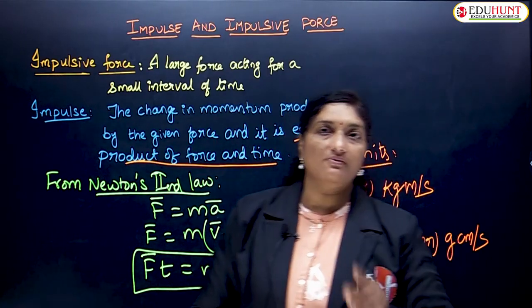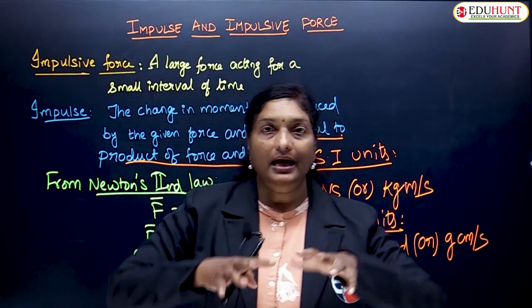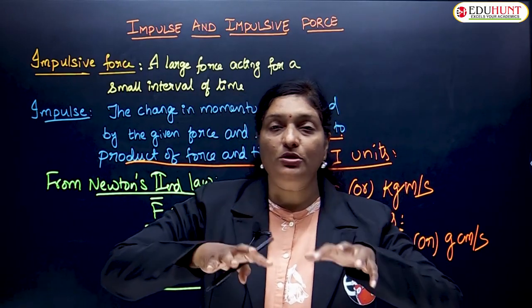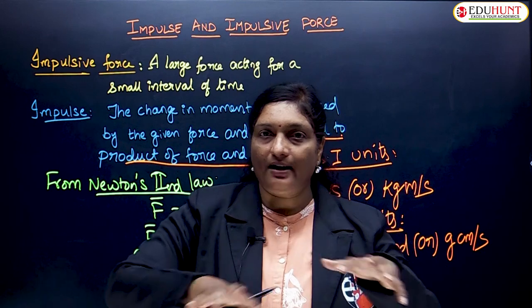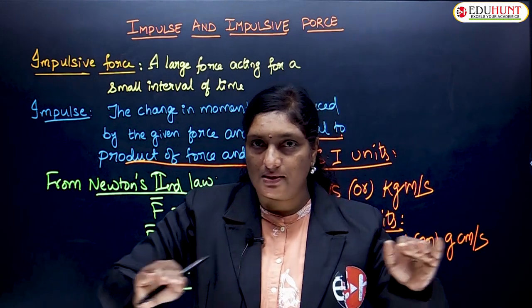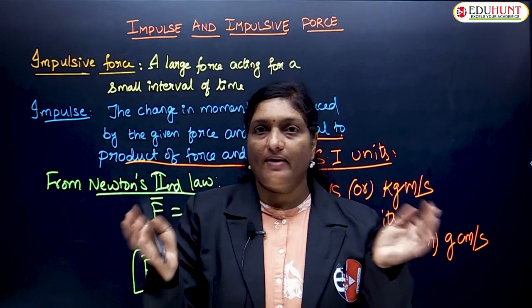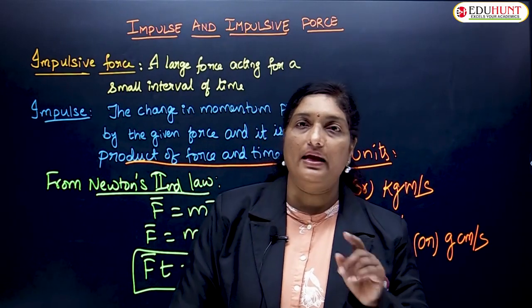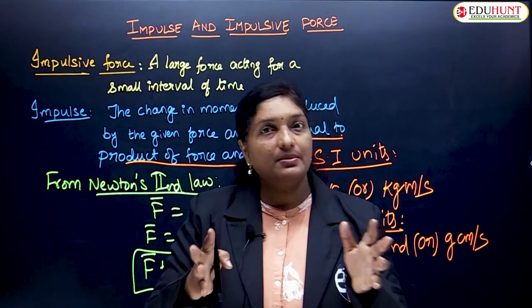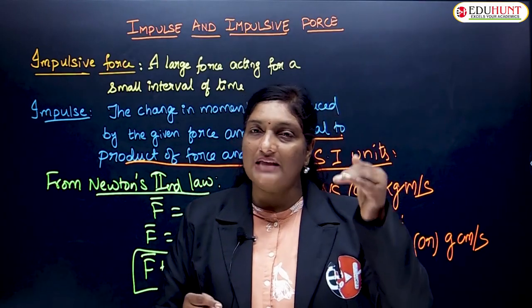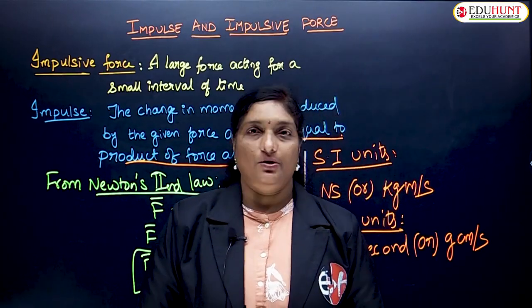Whereas if the same person falls on the heap of sand, there is a possibility of the sand to get yielded up, get compressed slower. That means the time lapse is increased whenever this person is falling on the heap of sand. Whenever the time is increased, the impulsive force acting on him is reduced.